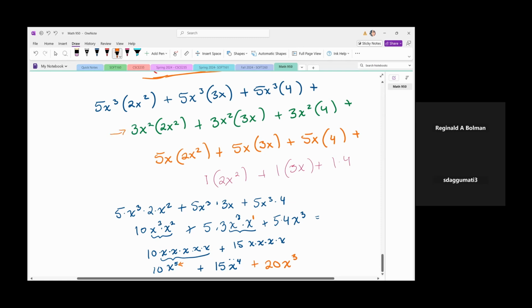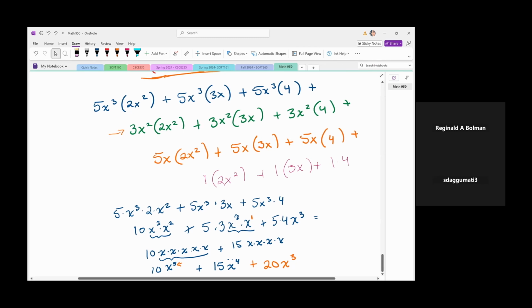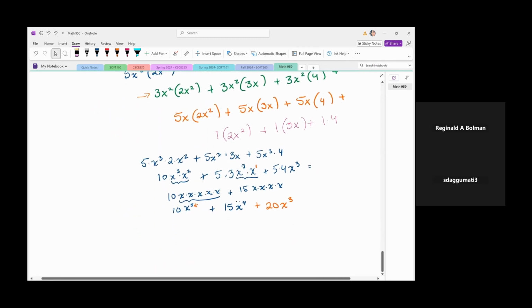We now would have to address this second row, which is the 3x squared times 2x squared. So you've got 3x squared times 2x squared plus 3x squared times 3x plus 3x squared times 4.